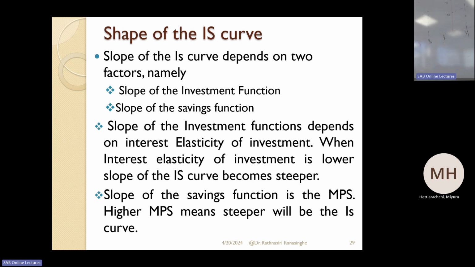So that is one factor for the slope of the IS curve. The slope of the investment function mainly depends on the I1. The slope of the saving function mainly depends on the MPS.